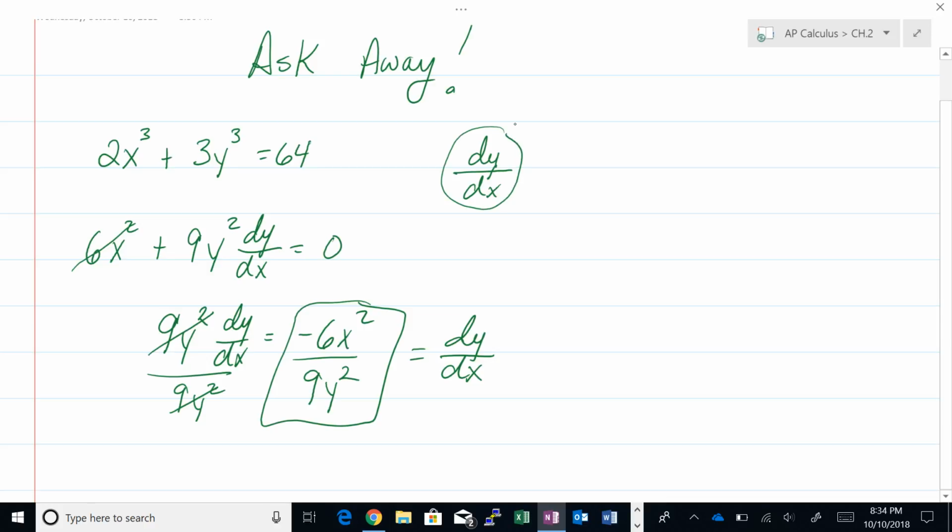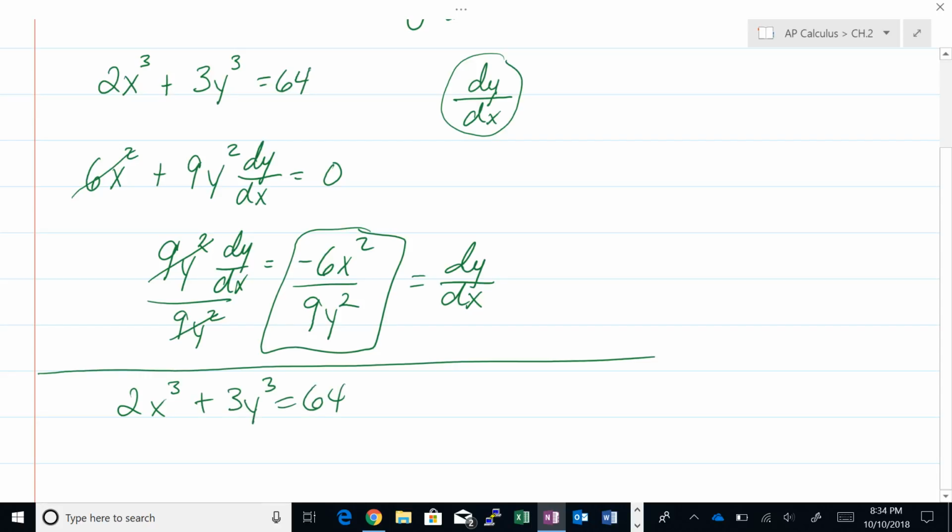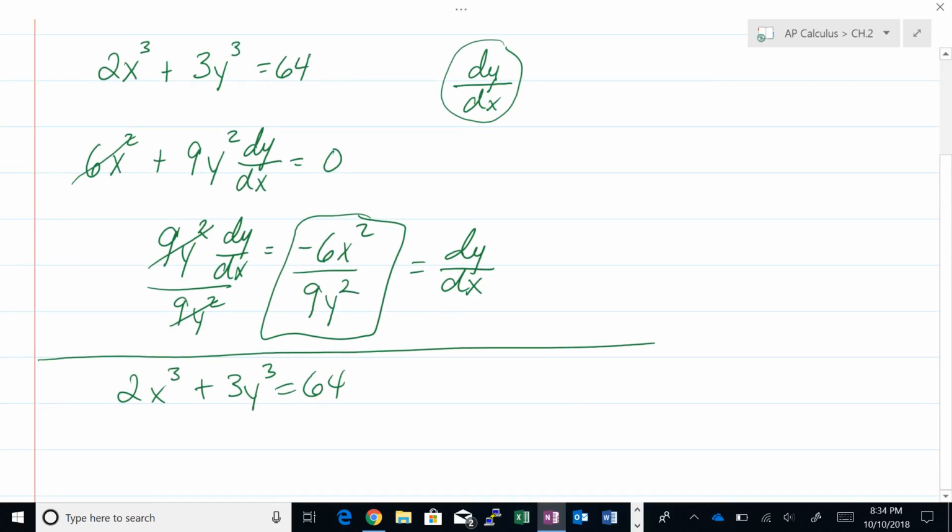I could ask the same question like this. 2x cubed plus 3y cubed equals 64. Okay, it's the exact same question, but I could ask, what is dx/dt?